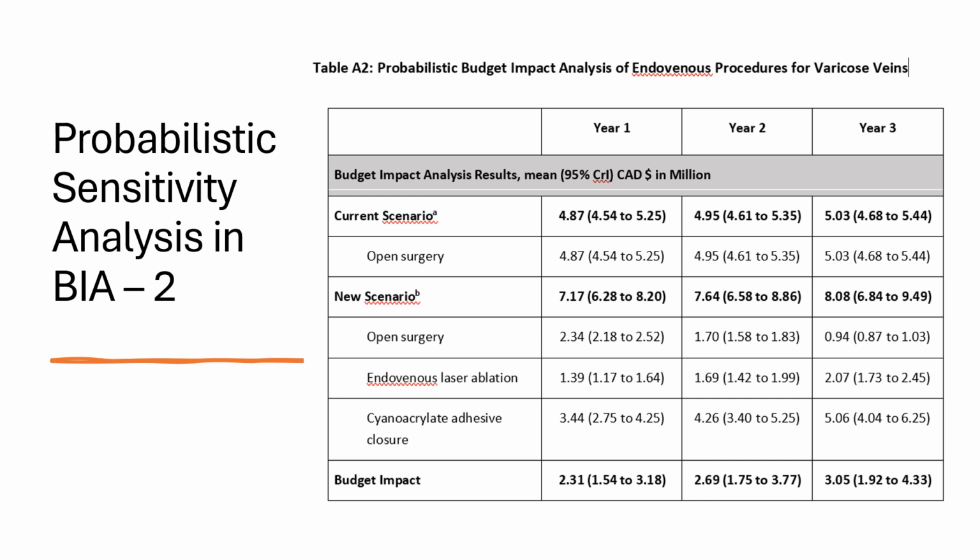We used the probabilistic model to estimate the annual costs per patient of 3 treatments from 10,000 Monte Carlo simulations. We presented the probabilistic BIA results, mean and 95% credible interval, of the working example in Table A2, which provided the uncertainty intervals of total annual costs in current and new scenarios, and the annual budget impact.